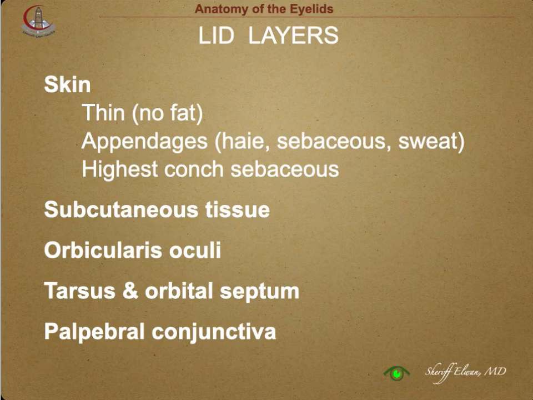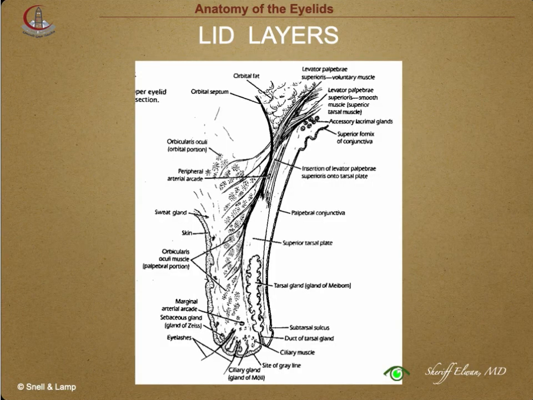The skin is of the thin type, that is, has no fat, and it's supplied with the appendages, which are the hairs, the sebaceous glands, and the sweat glands. And actually, it has the highest concentration of sebaceous glands all over the body. And then the subcutaneous tissue, orbicularis muscle, and tarsus with the orbital septum, and finally the palpebral conjunctiva.